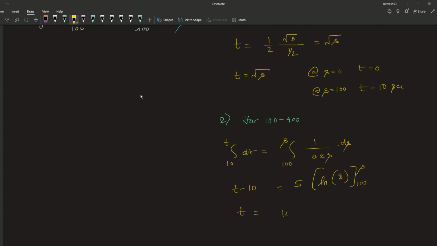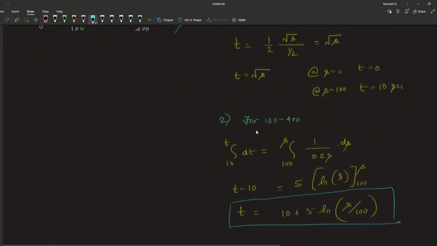So t is equal to 10 plus 5 log natural s by 100. This is what we get. This is the function of time in the domain of 100 to 400.